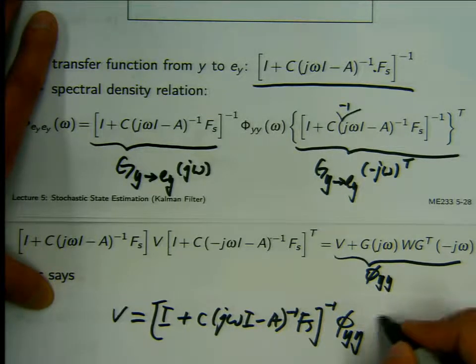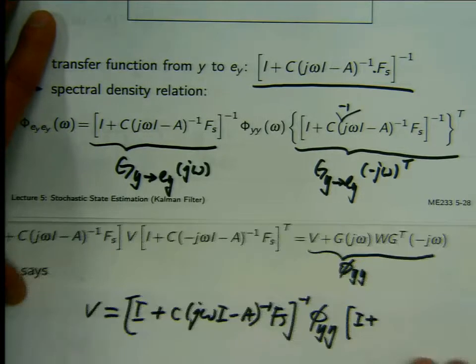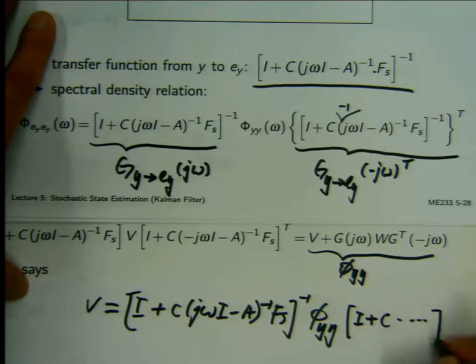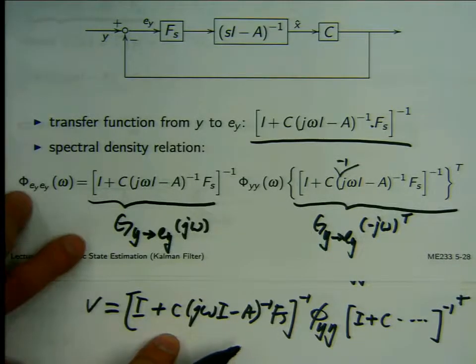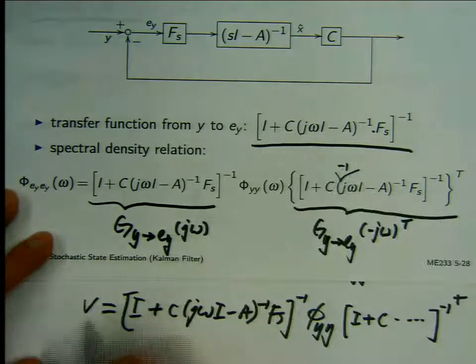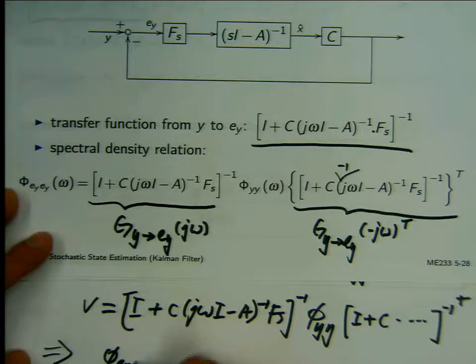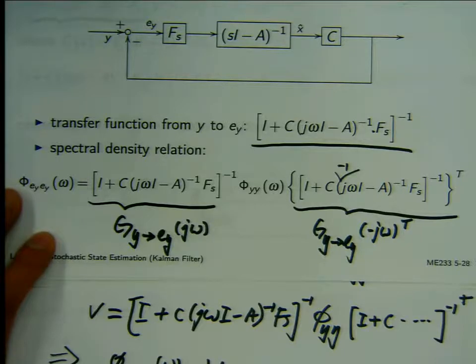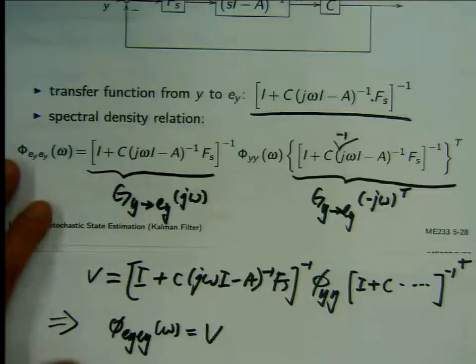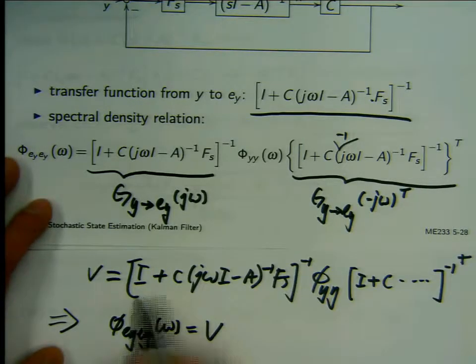Then here is I plus C. I won't write the full result, but this is this guy here, right? Now look at these results. Look at this one and this one. The right-hand sides are exactly the same. So it gives us a conclusion that the spectral density of EY, the error signal, equals V. Okay? That's from these two observations.